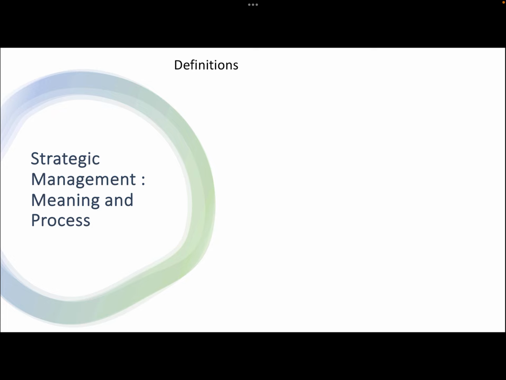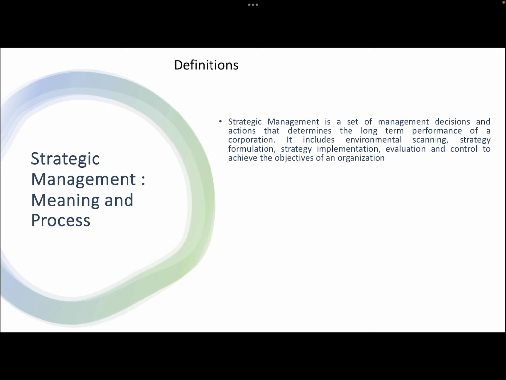So let's start our discussion with the meaning of strategic management. Before we get into definitions, let's see the general meaning of the term in business. Strategic management is a set of management decisions and actions that determines the long-term performance of a corporation.